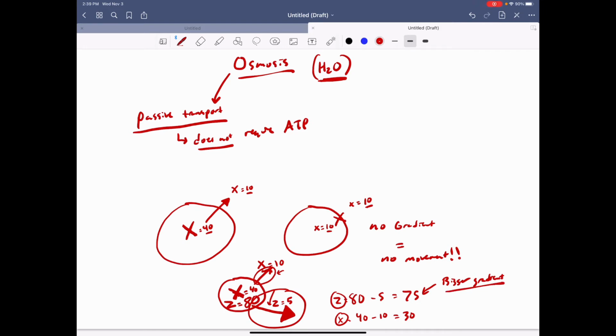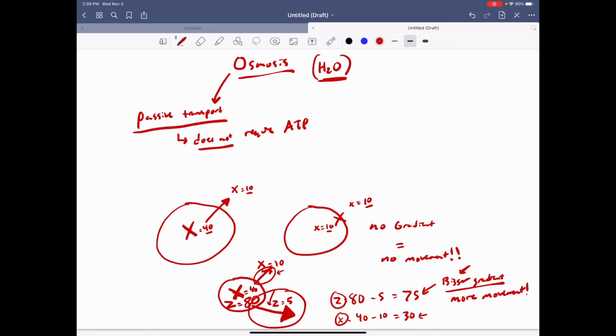So with a bigger gradient, there will be more movement, okay? That's super important, okay? This is still going to move out of the cell, right? But this is going to have more movement out of the cell, okay?